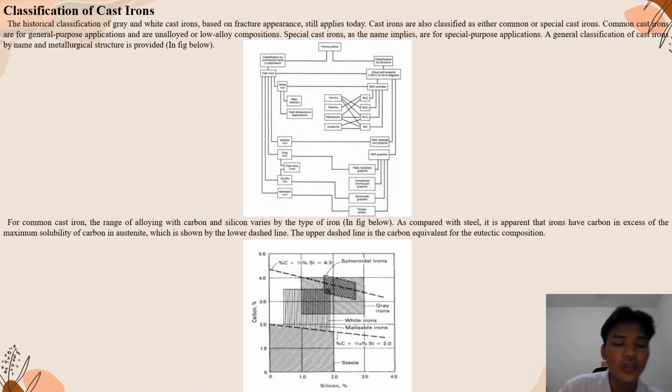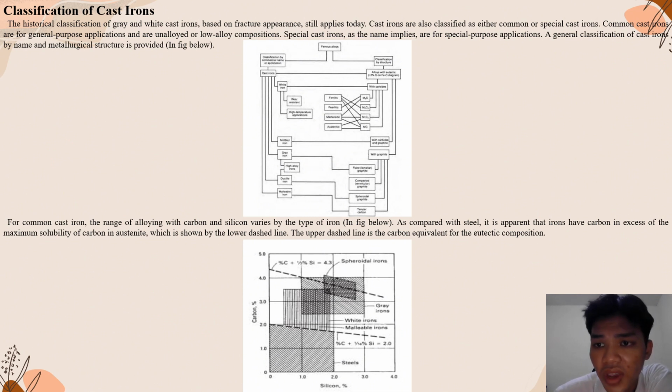Classification of cast irons. The historical classification of gray and white cast irons based on fracture appearance still applies today. Cast iron classification is either common or special cast irons. Common cast irons are for general purpose application and are unalloyed or alloyed compositions. Special cast irons, as the name implies, are for special purpose application.